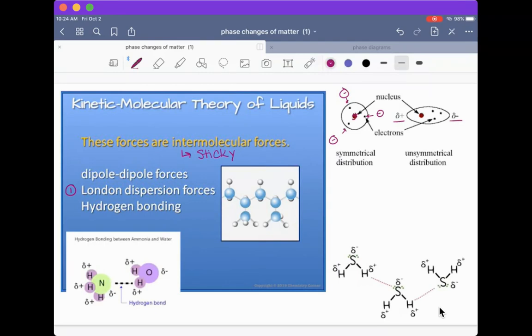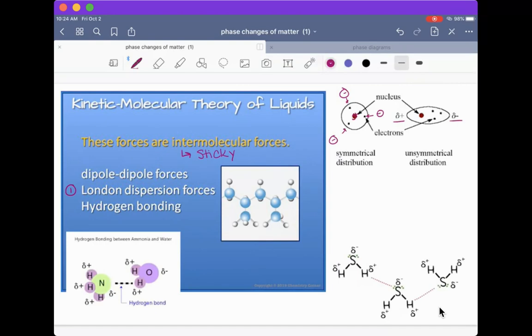It's not very strong in smaller atoms or smaller molecules because there's not a whole lot of electrons in that particle. So it's really only an important force in a molecular particle when there's a whole lot of electrons. But it's instantaneous. It happens for a split second and then it goes away. All right, so that is the London dispersion force. Sometimes you'll also see it called the van der Waals force.